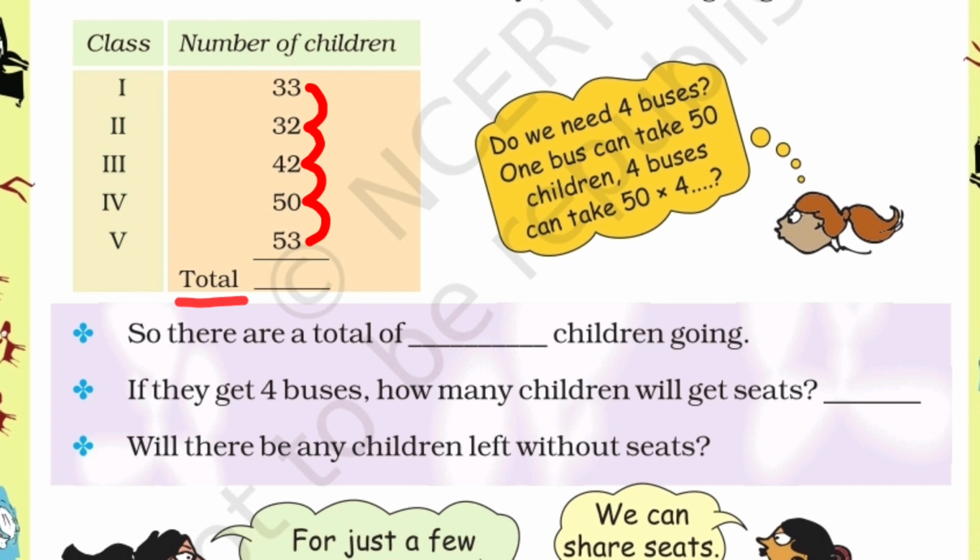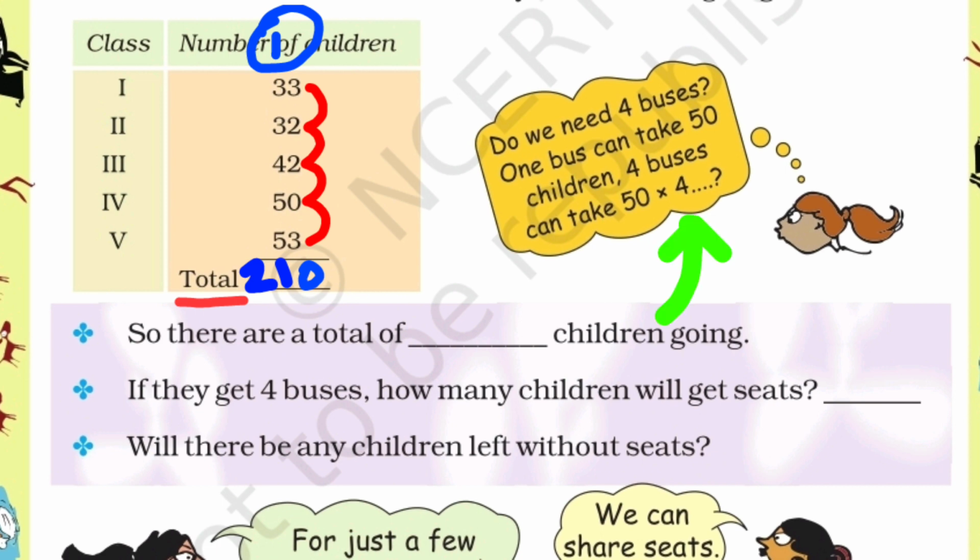So we put 0 and carry 1. Next 5 plus 5 is 10, 10 plus 4 is 14, 14 plus 3 is 17, 17 plus 3 is 20, and we have 1 on the top. So 20 plus 1 is 21. The total number of students going on the trip is 210.